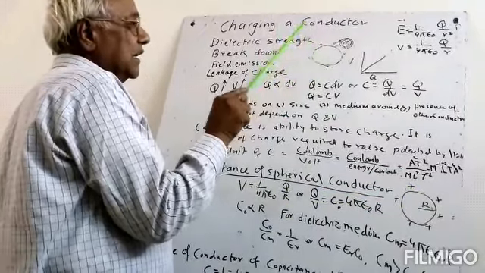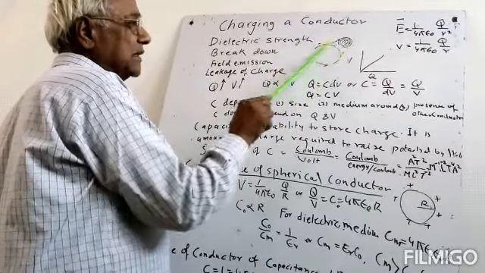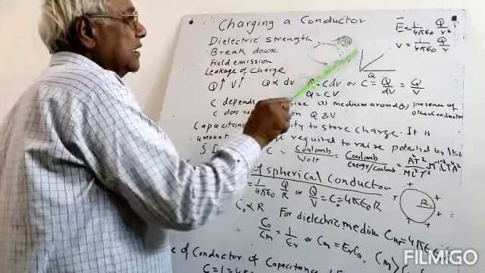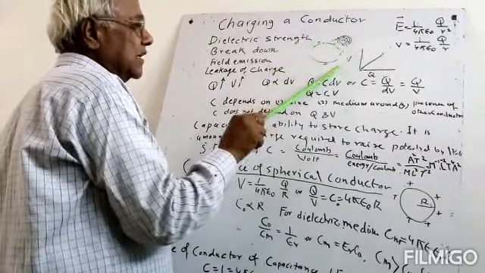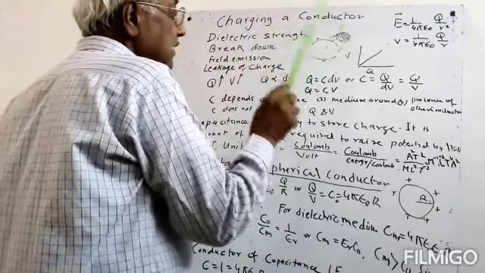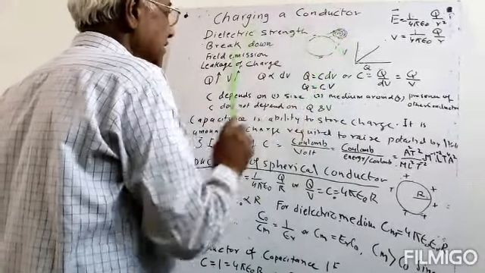Number one, it depends upon its shape and size. Second, it depends upon the medium which is surrounding it. Third, it will depend upon the presence of any conducting material near it.